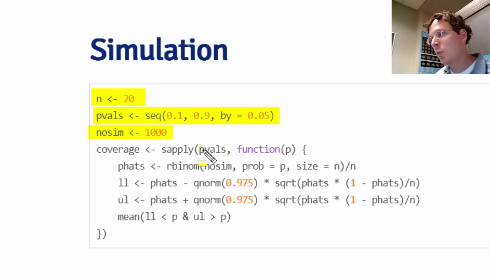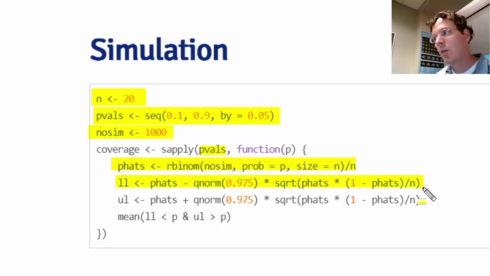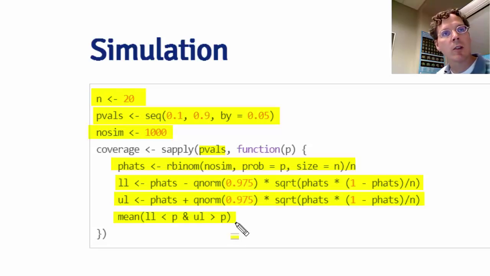And then I'm going to loop over these true success probabilities, and for each true success probability, I'm going to generate 1,000 sets of 10 coin flips where I take the sample proportion in each case. Then I'm going to calculate the lower limit of the confidence interval in each of those cases and the upper limit of the confidence interval in each of those cases, and I'm going to calculate the proportion of times that they cover that true value of p that I used to simulate the data.